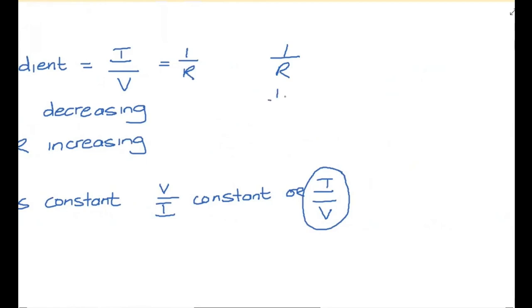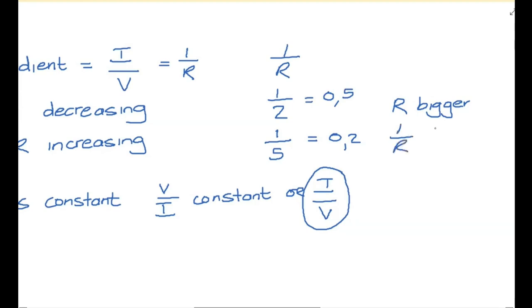If I take 1 over 2 and compare that to 1 over 5, R, which is the bottom number, has got bigger. But can you see that 1/2 is a half and 1/5 is 0.2? As R gets bigger, 1/R is getting smaller? Does that make sense, Rutendo?